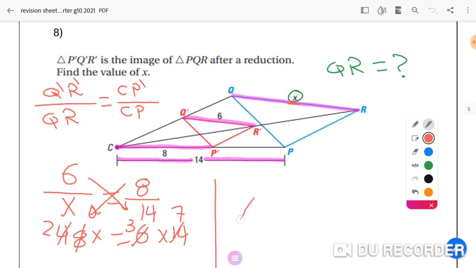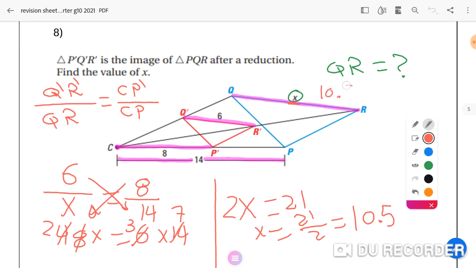So we can say that 2x equals 21, and then x equals 21 over 2, which is equal to 10.5. So x equals 10.5, and you can check this cancellation using your calculator.